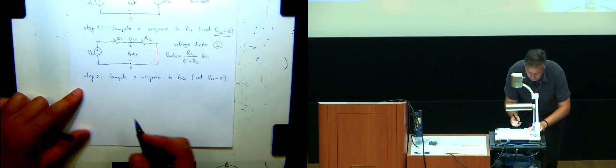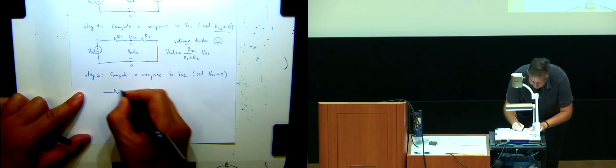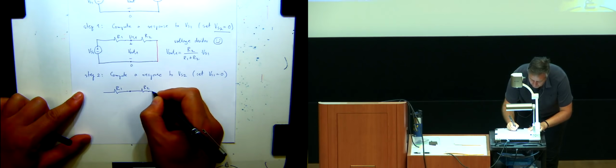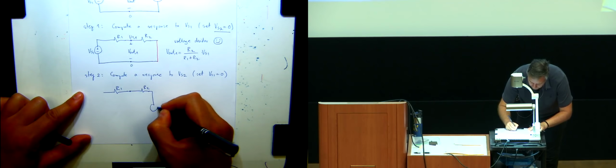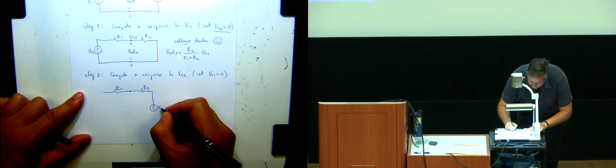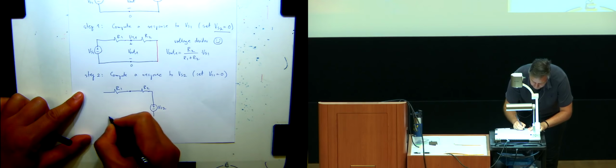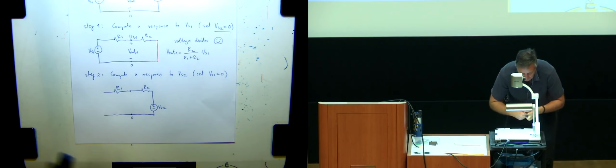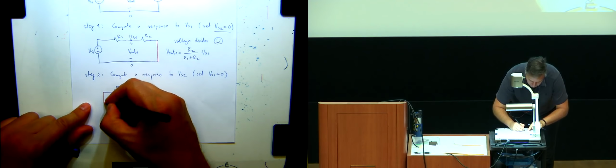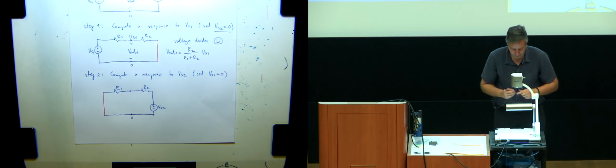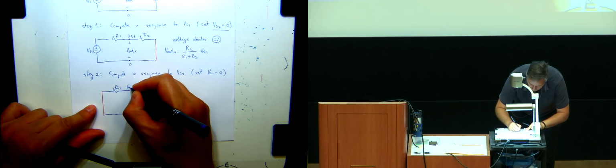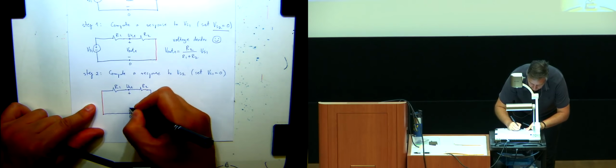So that means I have R1, I have R2, I have VS2, 0, and then I have a wire on this side. And, of course, this is now U1,2, and this is V out 2.